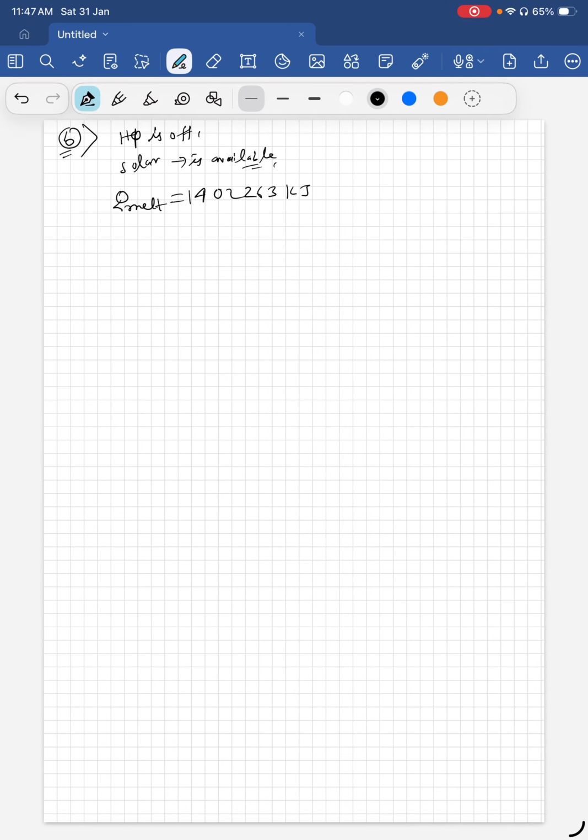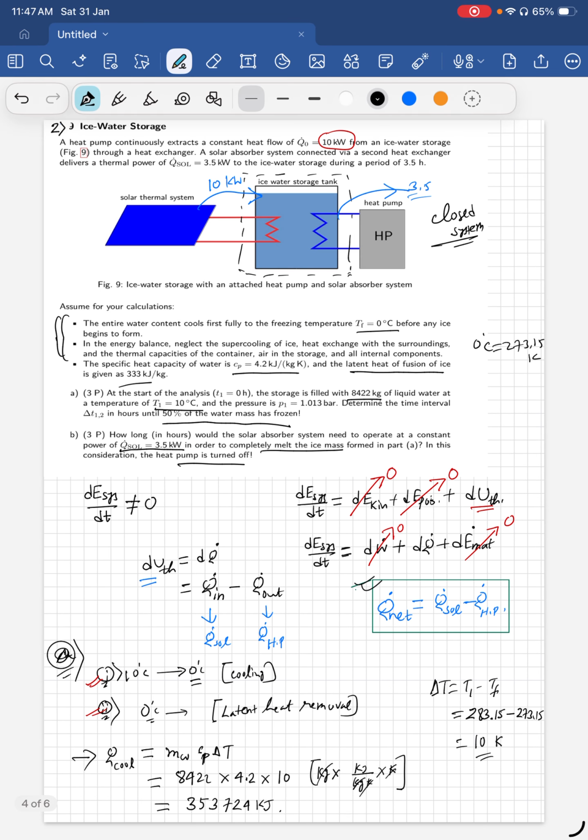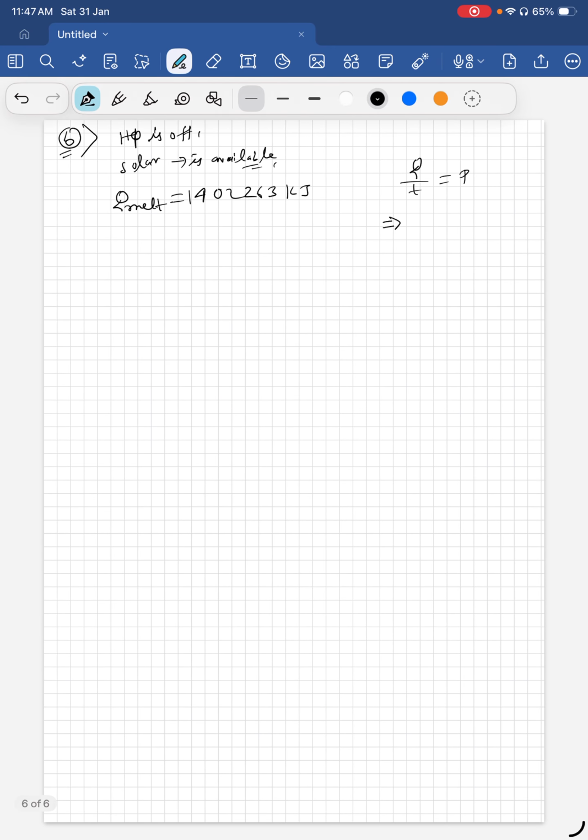So they again asked the time, how much time would it take, and we know the relation between power, energy and time. So Q upon T will be the power, and here the power is mentioned as the constant flow Q dot solar, 3.5 kilowatt.